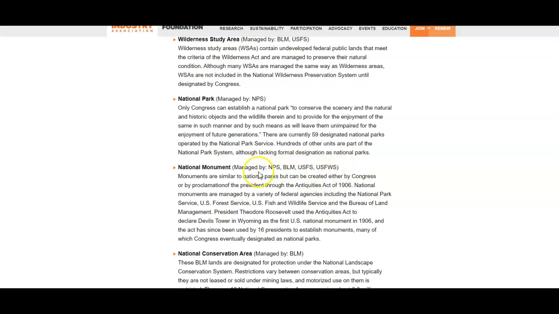So if you think about these 4 agencies, they manage wilderness, they manage national monuments, and national monuments are often the gateway for a land to become a national park. So if you think back to the video we watched about President Roosevelt using the Antiquities Act to protect the Grand Canyon as a national monument, that was one step in the process for it to become a national park, which it is today.